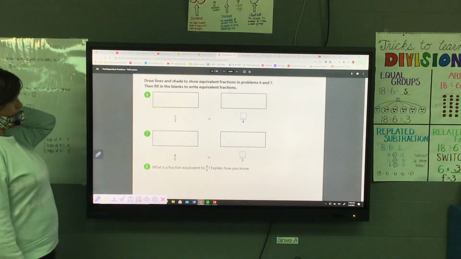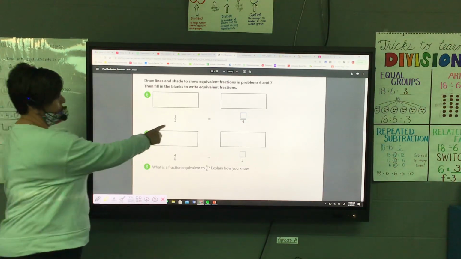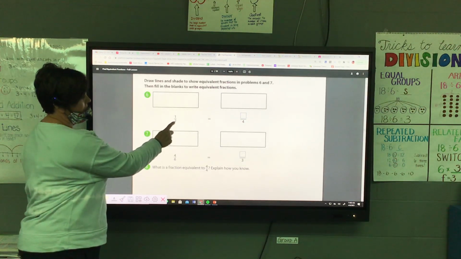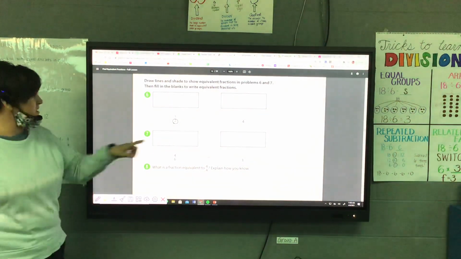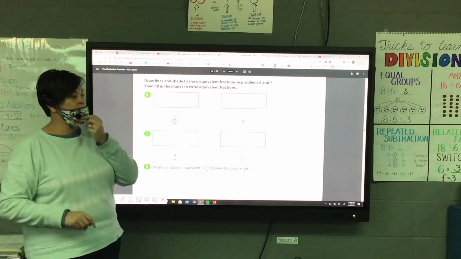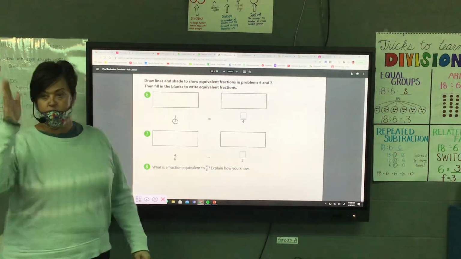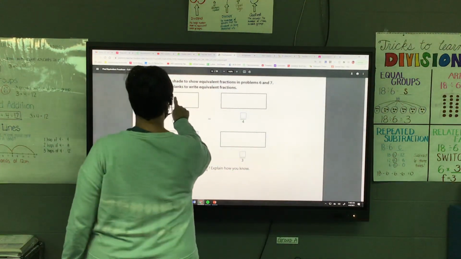All right, so we need to show that this rectangle gets split into how many equal parts? 2 equal parts. So let's do that. Split your rectangle in half. 2 equal parts.